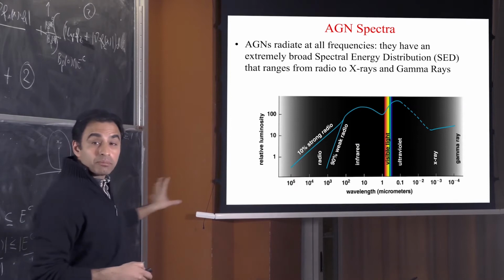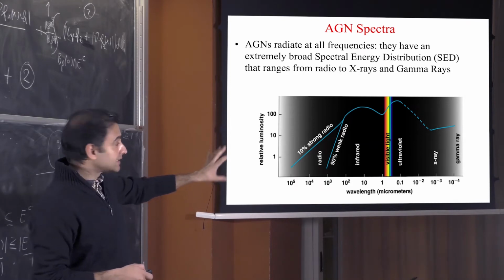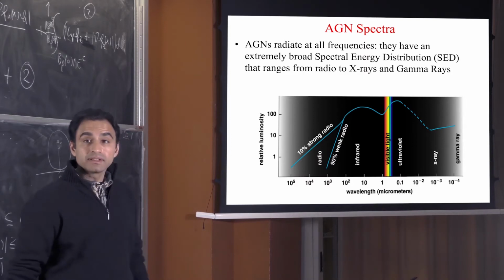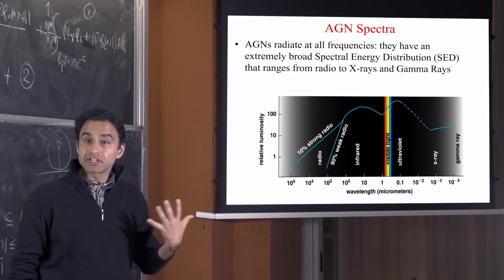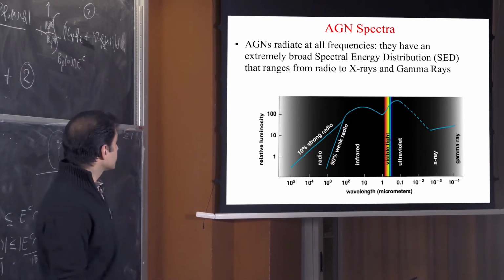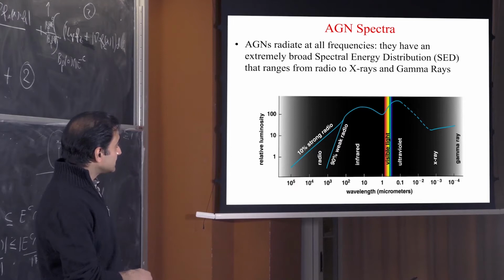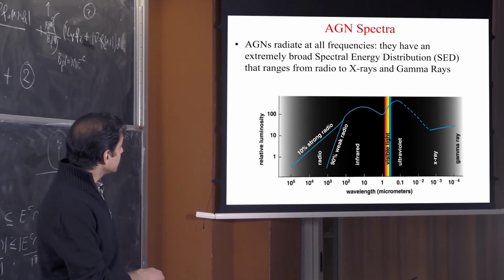Let's have a broad overview of the AGN spectra. This is the typical spectrum of an average AGN, of an average active galactic nucleus. So this is luminosity as a function of wavelength, and you can see that an AGN is extremely powerful in all wavelengths, right? From radio to the gamma rays.